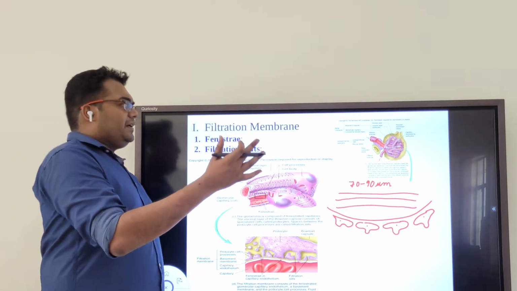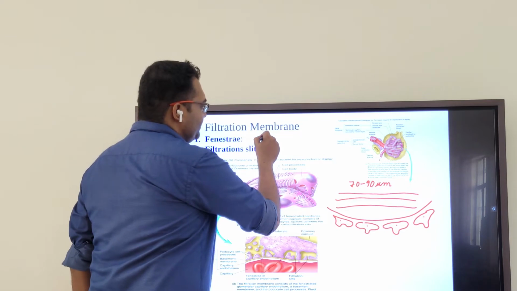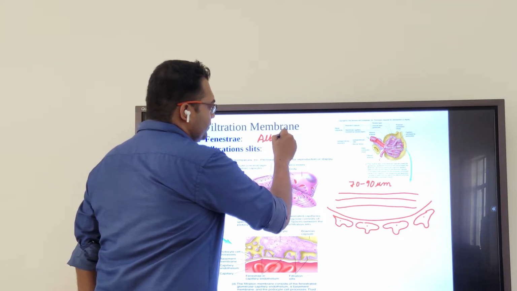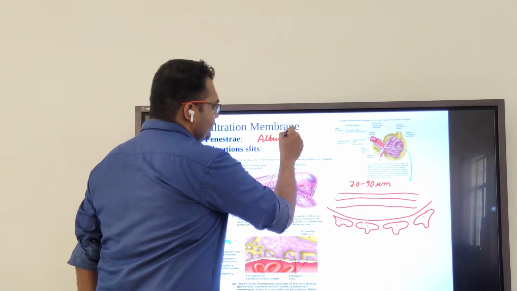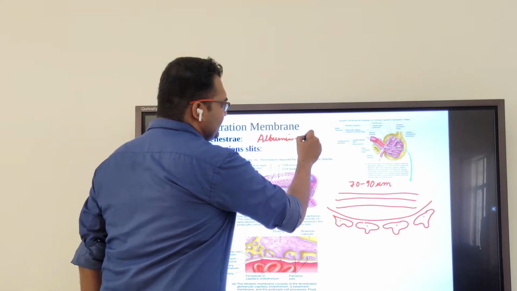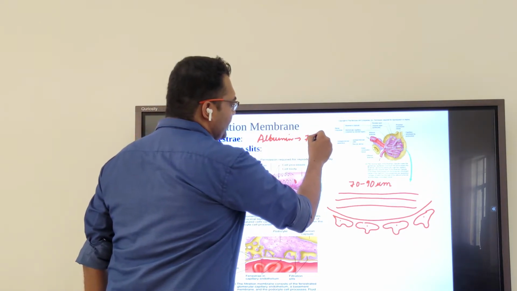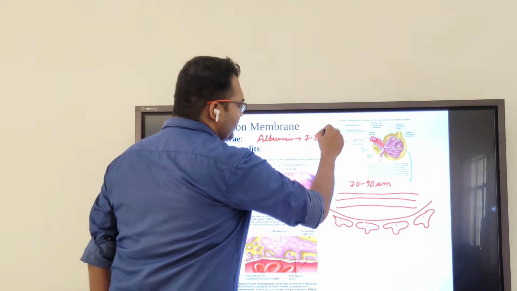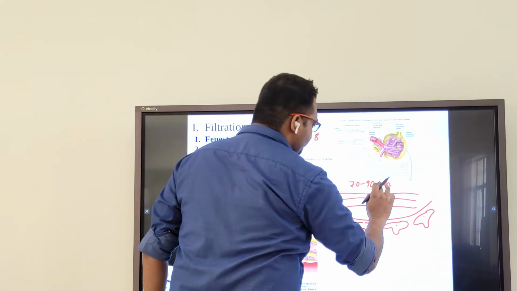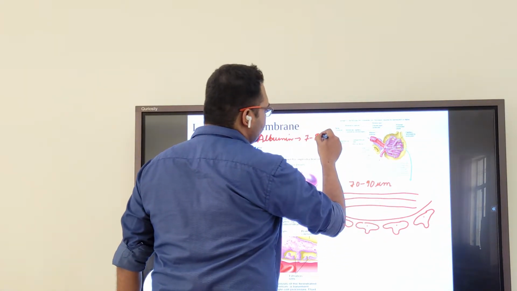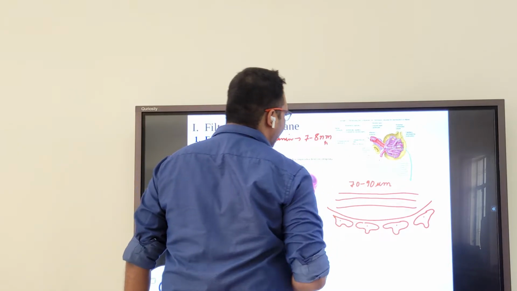The diameter of albumin is 7 to 8 nanometer.